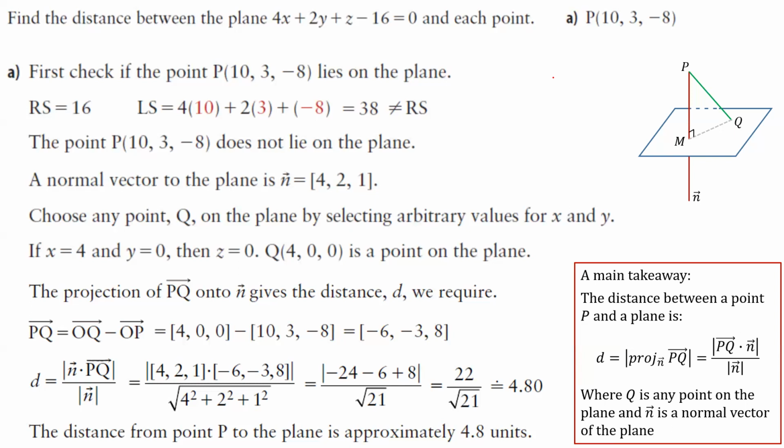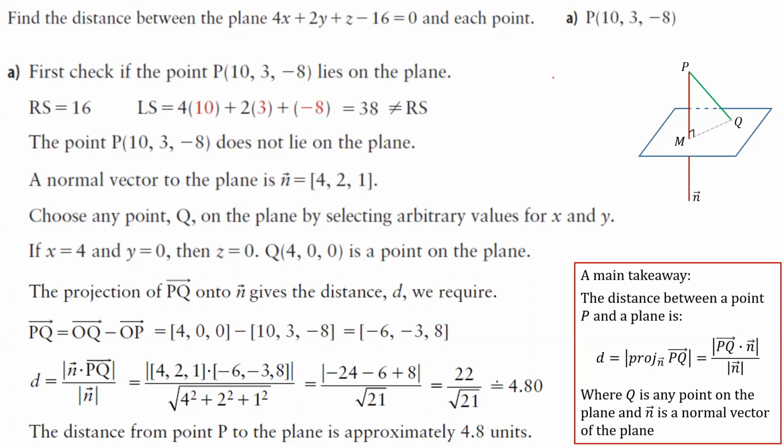So according to our discussions, the distance d we require is the magnitude of the projection vector, which is given by the absolute value of the dot product between n and PQ, over the magnitude of vector n. So we know the components of vector n.